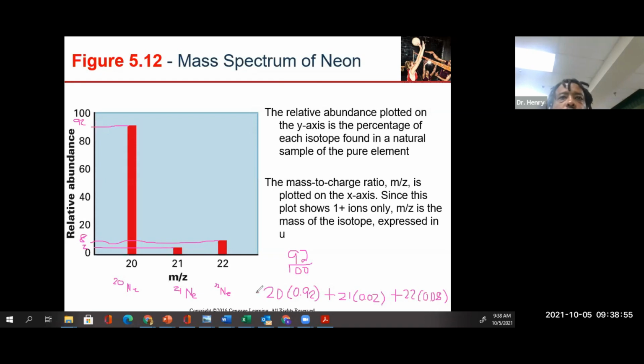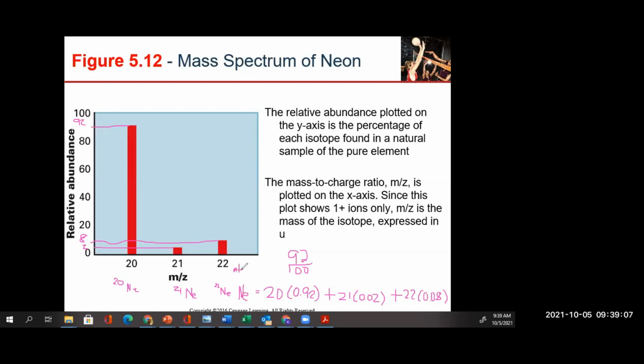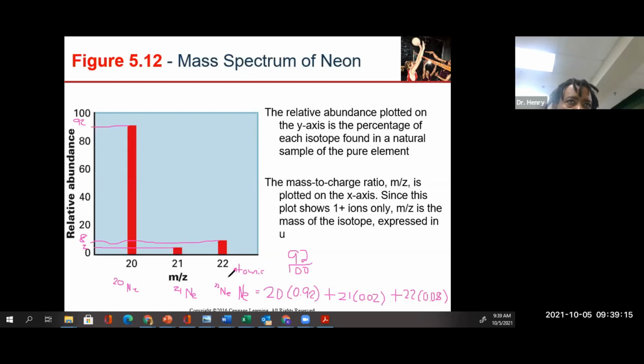It's going to equal the mass, approximately the atomic mass of neon as a whole. Okay, so I get 20.58.